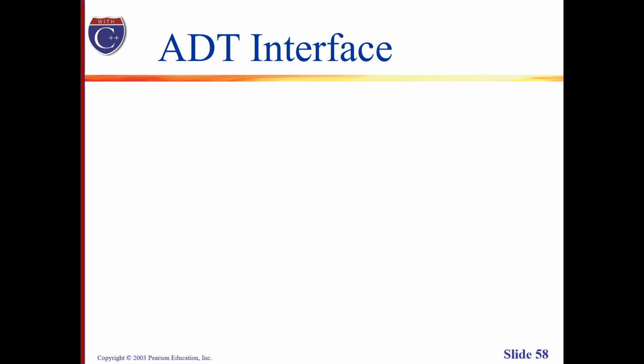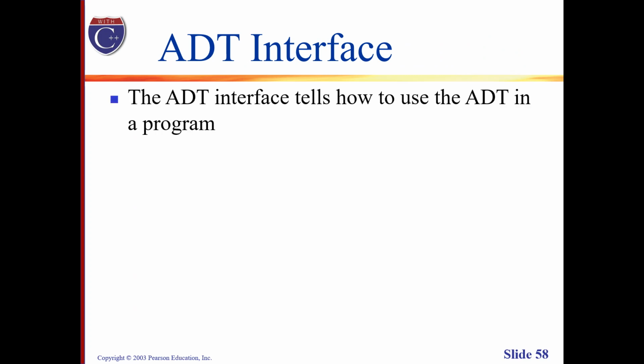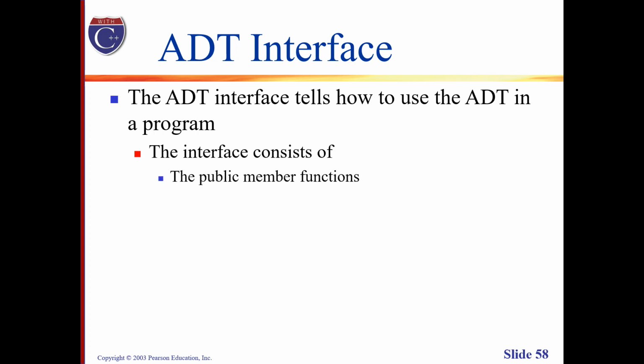Now let's talk about an ADT interface. The ADT interface tells us how to use the ADT in a program. It consists of the public member functions and the comments that explain how to use the functions. In these comments, we will usually see preconditions, or the conditions that need to be satisfied when using such a member function.